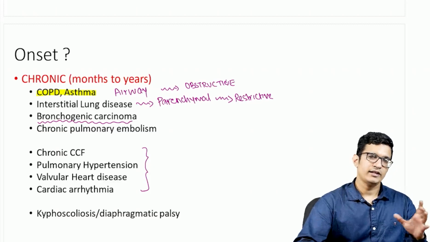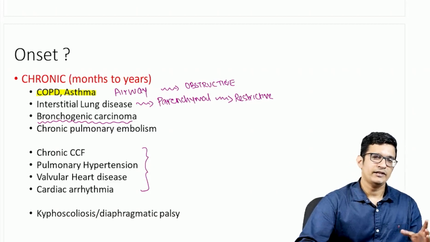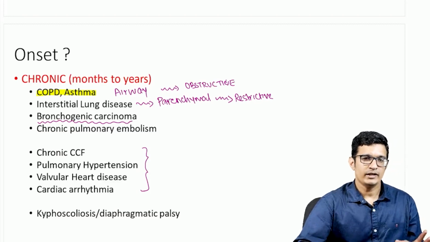And a restriction in the expansion of the chest can be due to a structural problem of the lung, and it can also be due to an extrinsic factor like kyphoscoliosis. Because of the abnormality in the shape of the spine, the patient can have difficulty in the positioning of the lungs.